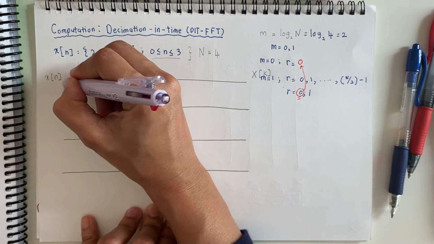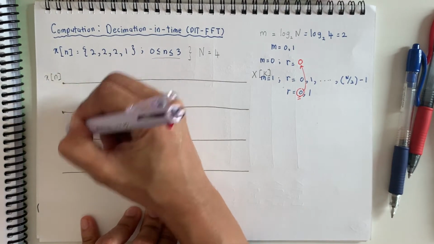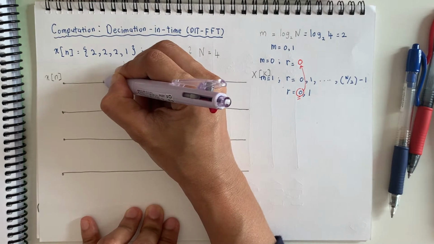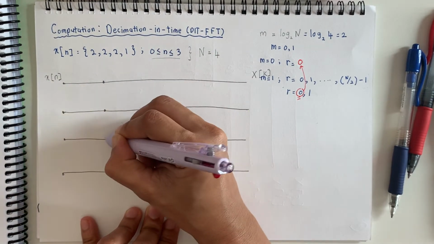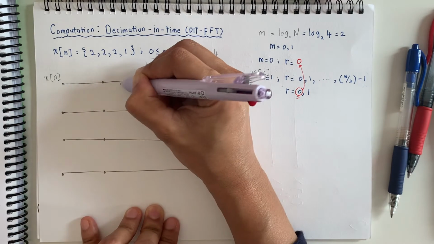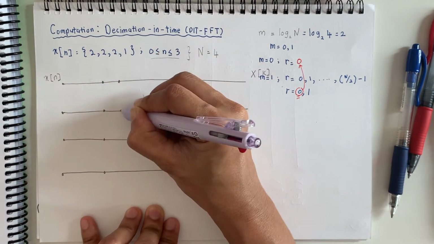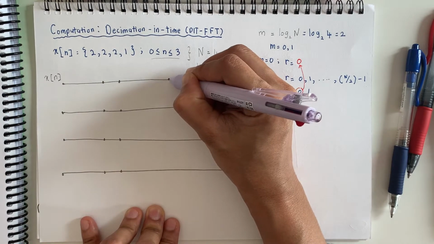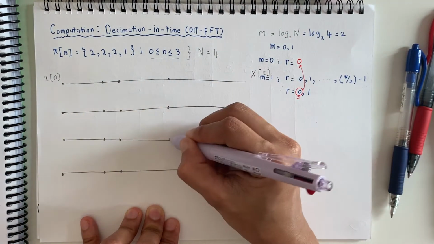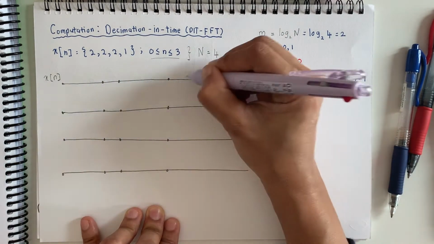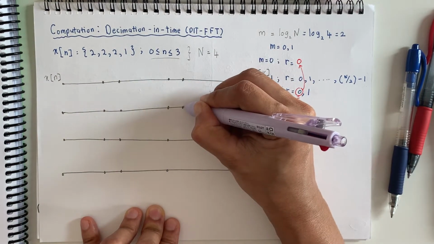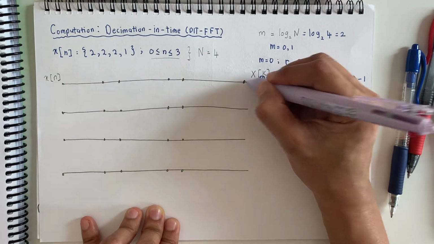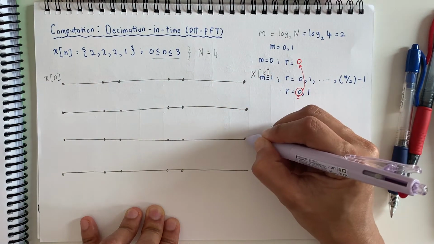So we have a main connector first, and in between the main connectors we have a small connector, and finally our last, final main connector.